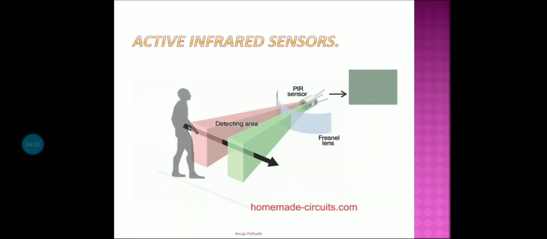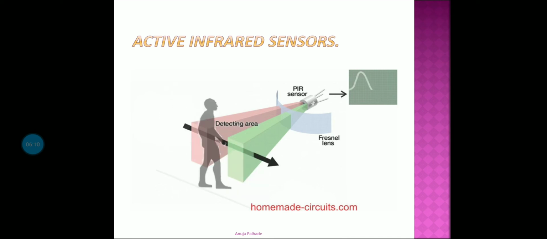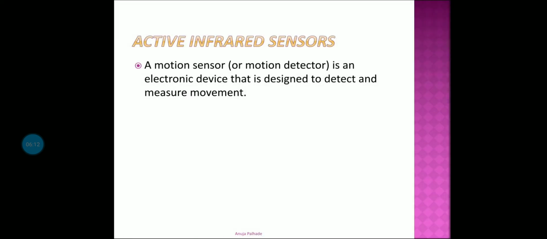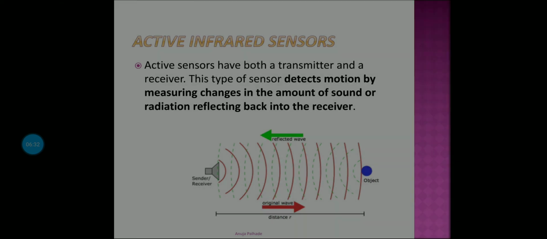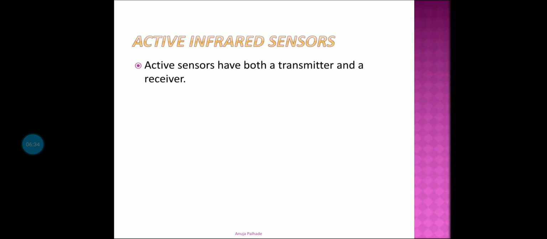Now let's start with the active infrared sensor. You can see inside the image, a human passing through the range is going to be detected. A motion sensor or motion detector is an electronic device designed to detect and measure movement. Active sensors have both a transmitter and a receiver. This kind of sensor detects motion by measuring changes in the amount of sound or radiation reflected back into the receiver.